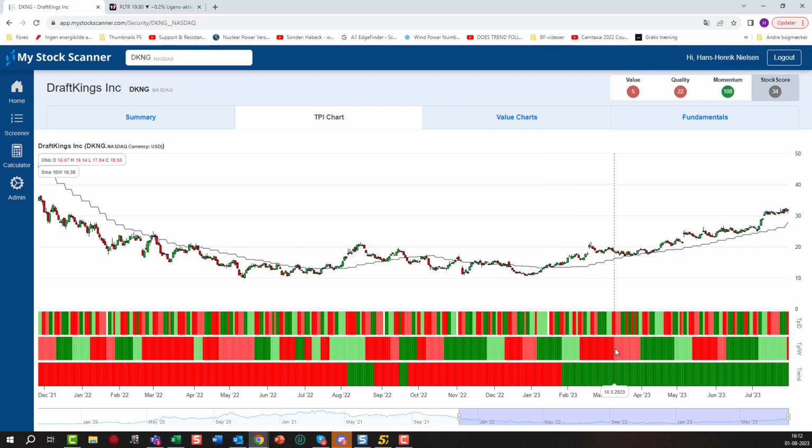We get the light red, the accumulation signal here, so we can enter somewhere here where we get the green day, saying that the buyers are coming in, and then we get a red signal here, so we might just exit it up here. Again, we are getting the light red here, so we are allowed to enter here, and that was around the 23, 24 area, and now it has shot up here.